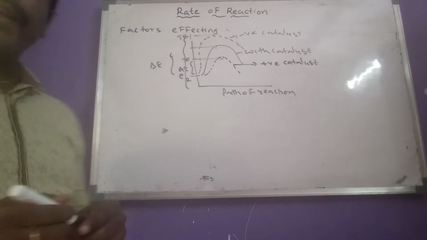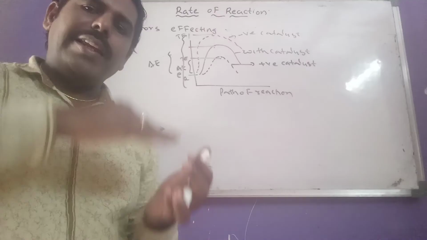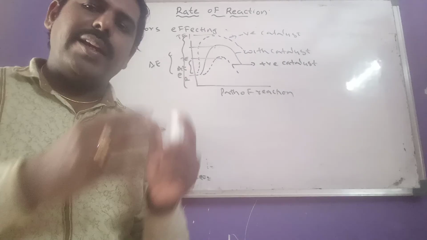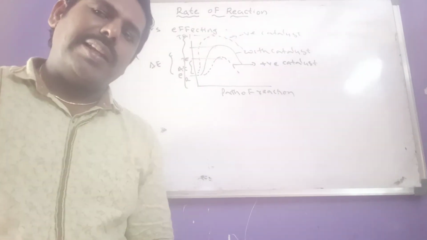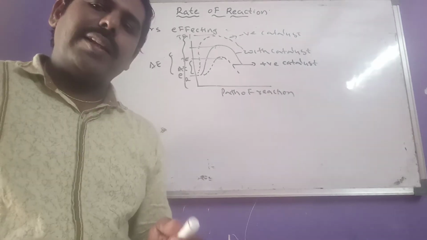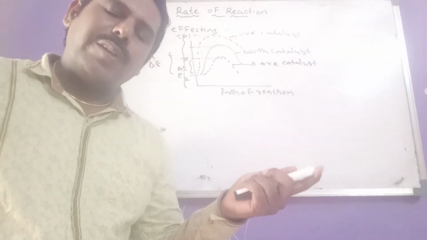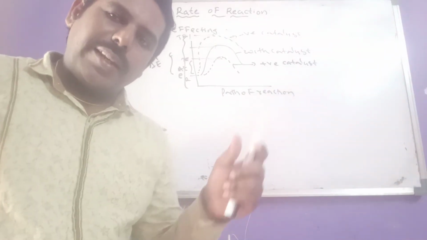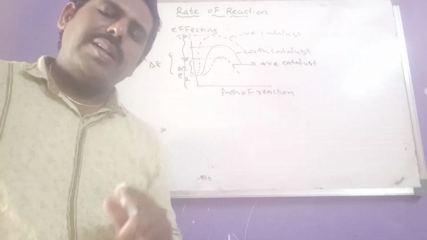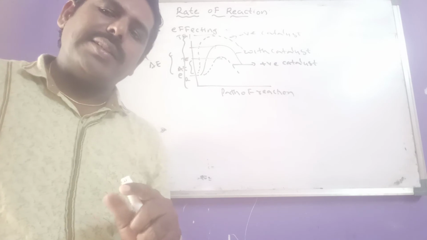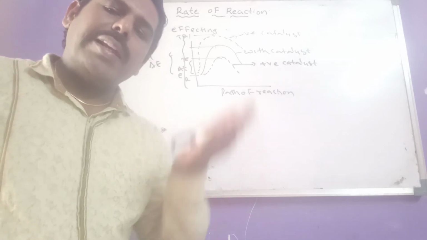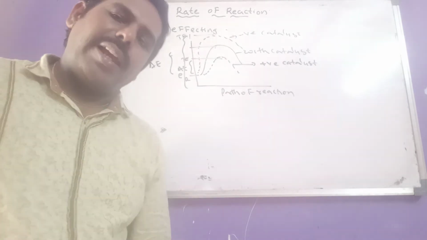That means a negative catalyst increases the activation energy. Therefore rate of reaction decreases. So like that, a positive catalyst increases the rate of reaction with decreasing activation energy. And second one, a negative catalyst decreases the rate of reaction by increasing the activation energy.